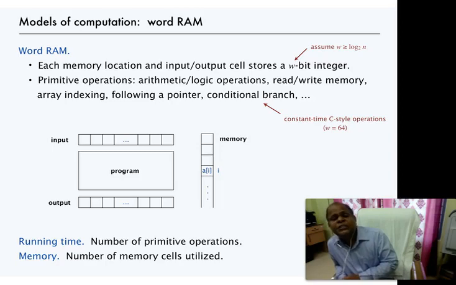Now, each memory location, each square box in the memory, stores a W-bit integer. The primitive operations in this case are arithmetic and logic operations, read-write operations, array indexing, and conditional branching, all of which are assumed to take 1 unit of time.